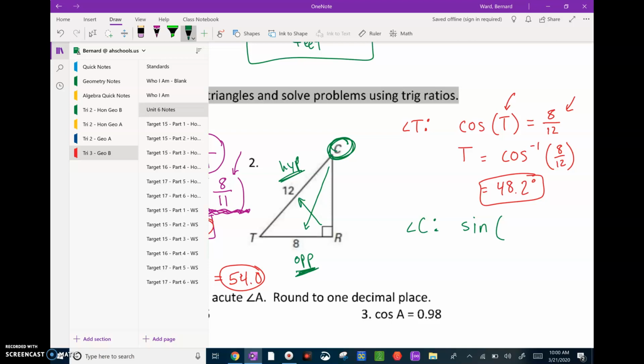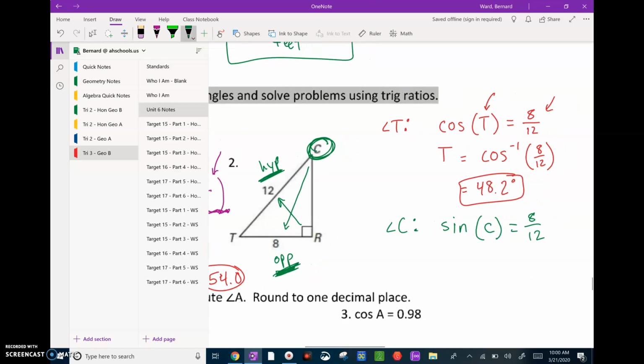So we're trying to find angle C. 8 is opposite of angle C. 12 is our hypotenuse. So we have to use sine, which is opposite over hypotenuse. The sine of angle C equals opposite divided by hypotenuse, so 8 divided by 12. Then we will figure out what angle C is by doing the sine -1, or sine inverse, of 8 divided by 12.